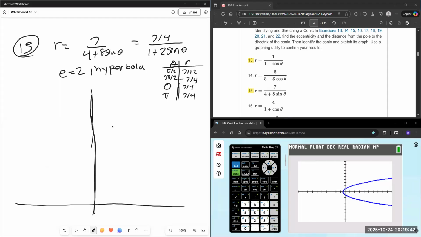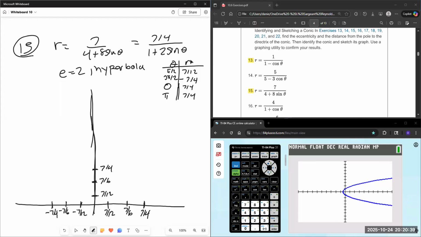If I can make my tick marks 7/12, then 7/6, and then 7/4, negative 7/12, negative 7/6, negative 7/4, 7/12, 7/6, 7/4. So let's go ahead and look here at what's going on.